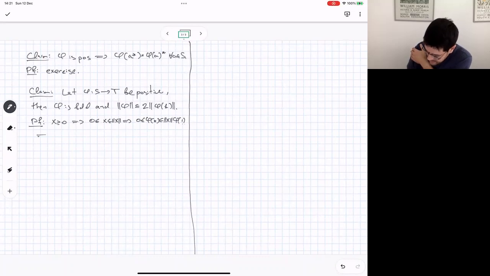And therefore the norm of phi of x is less than the norm of phi of 1 times the norm of x.